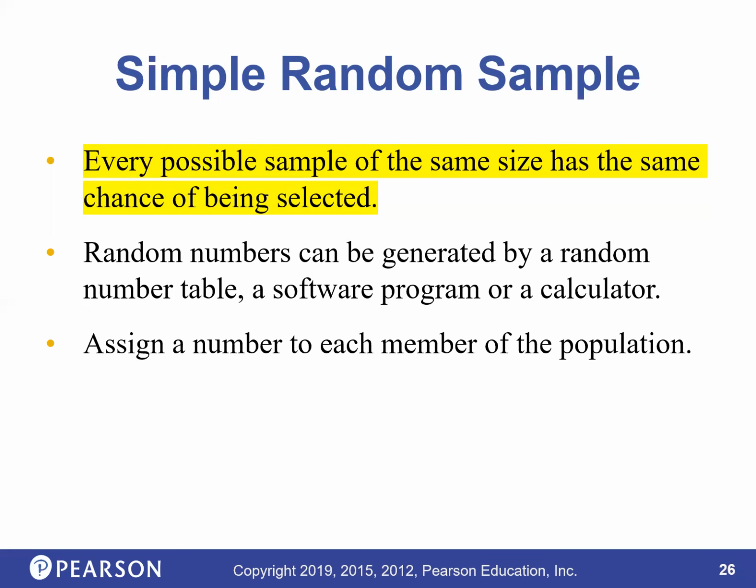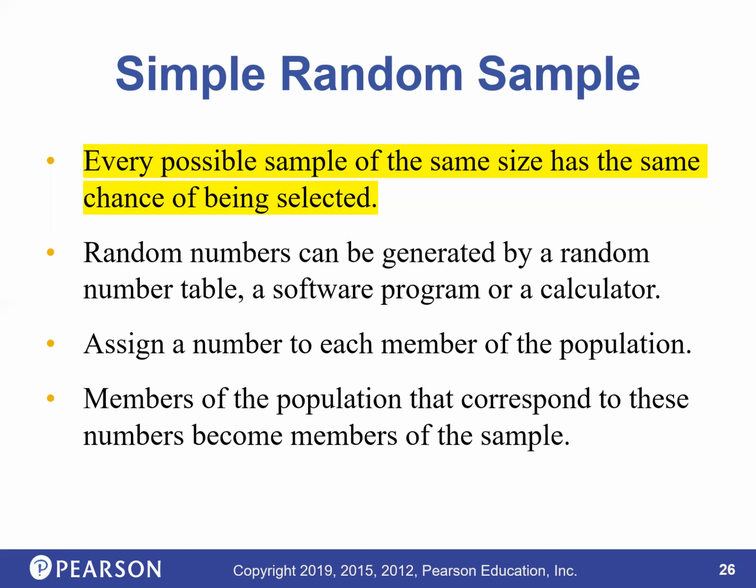Normally, we assign a number to each person in the population, and then with the random number, we pick those people out, and we are good to go.